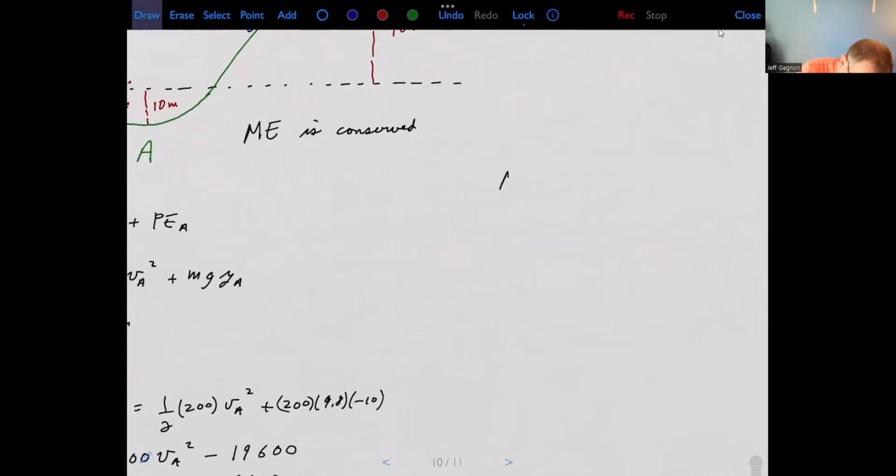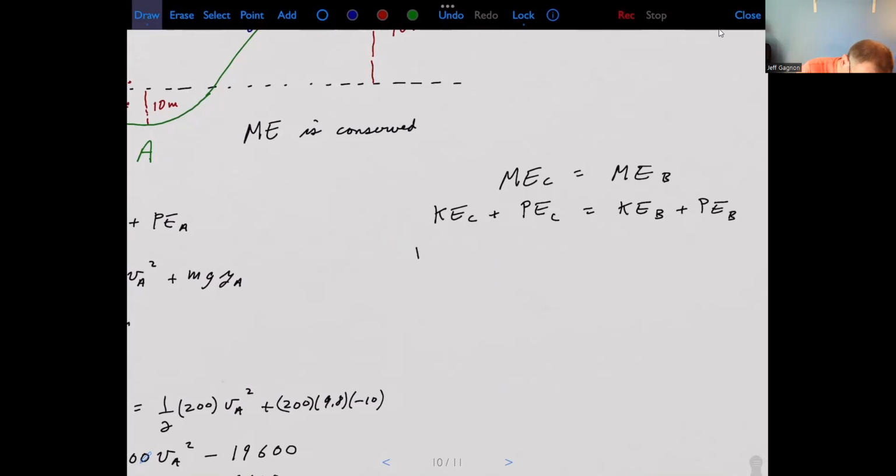The mechanical energy at C is equal to the mechanical energy at B. So this is the kinetic energy at C plus the gravitational potential at C is equal to the kinetic energy at B plus the gravitational potential energy at B.